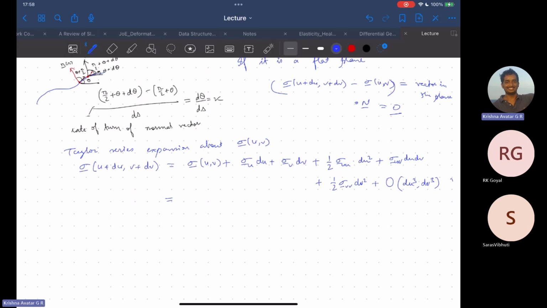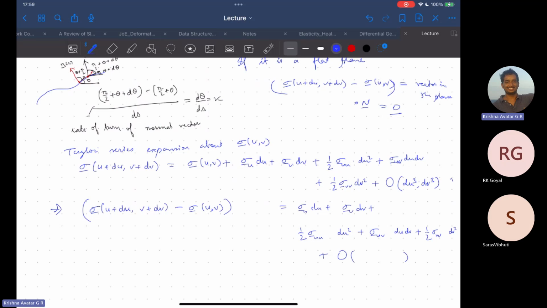Now we wanted the value for sigma(u plus du, v plus dv) minus sigma(u, v). This is equal to sigma u du plus sigma v dv plus half sigma uu du squared plus sigma uv du dv plus half sigma vv dv squared plus other terms.